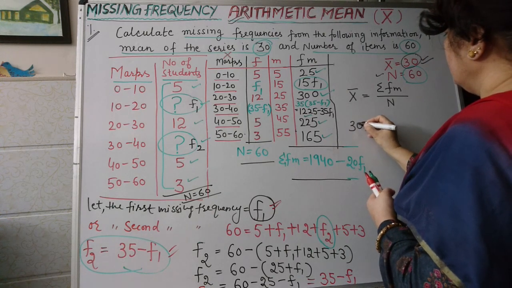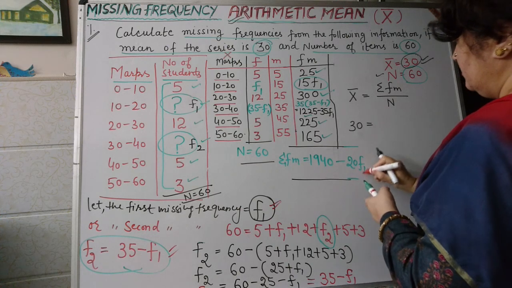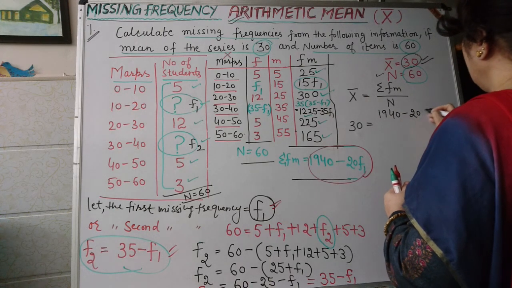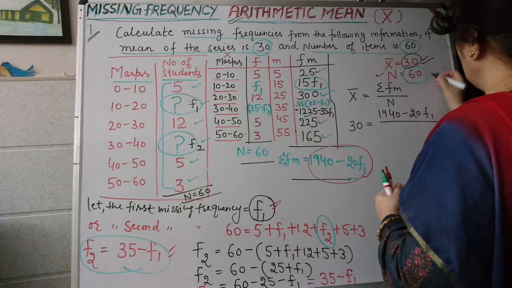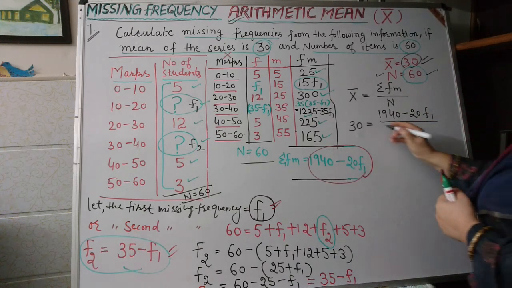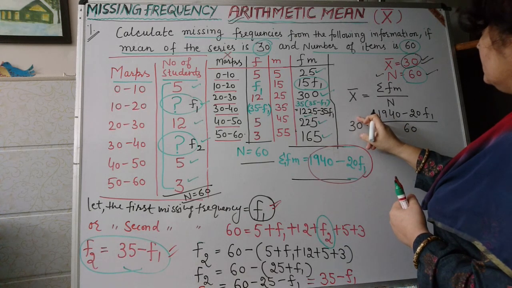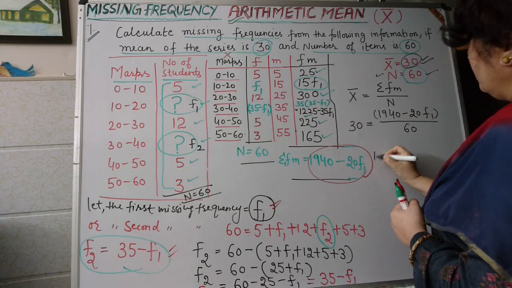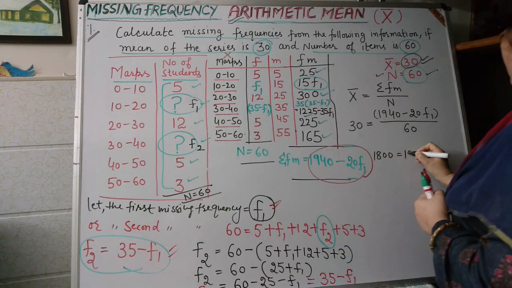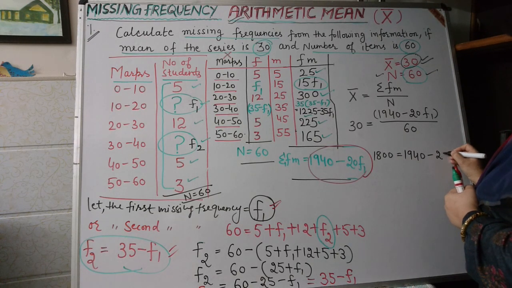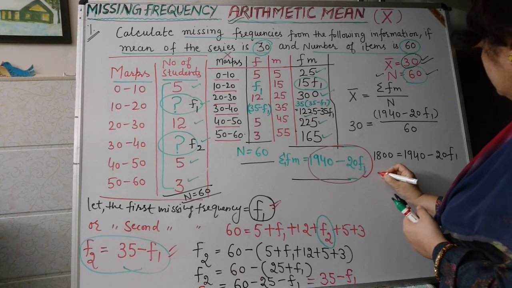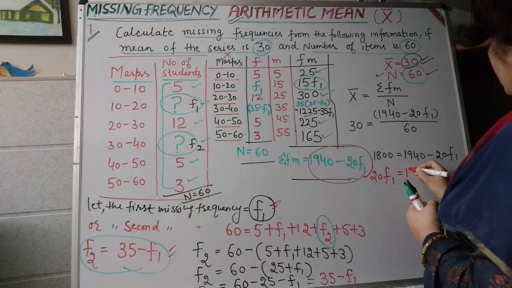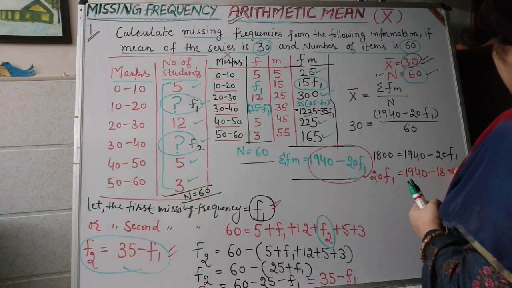So 30 is equal to (1940 minus 20 F1) divided by the total number of items, 60. Due to cross multiplication, 60 multiplied by 30 gives 1800, which is equal to 1940 minus 20 F1, or 20 F1 is equal to 1940 minus 1800.